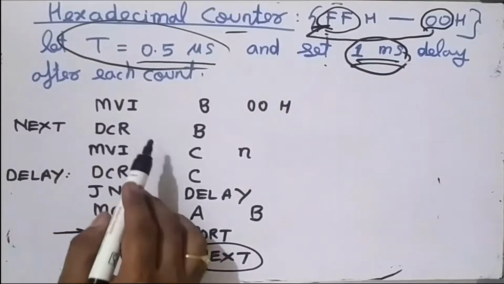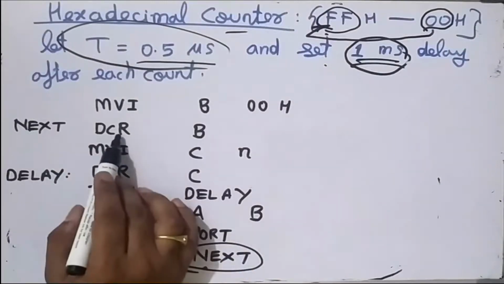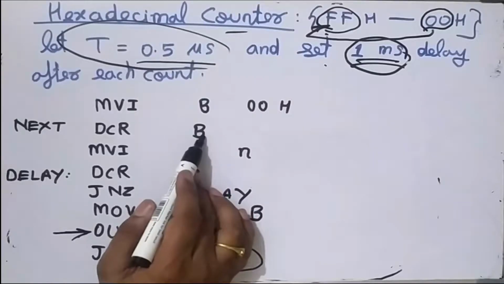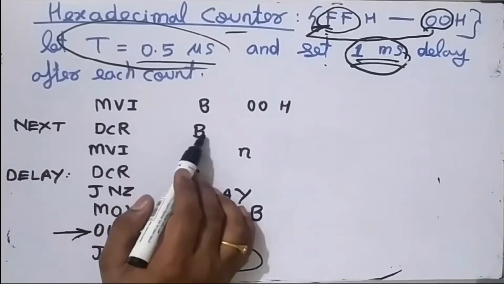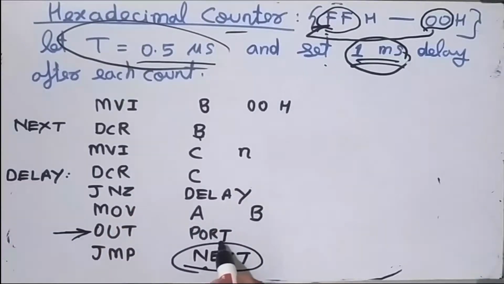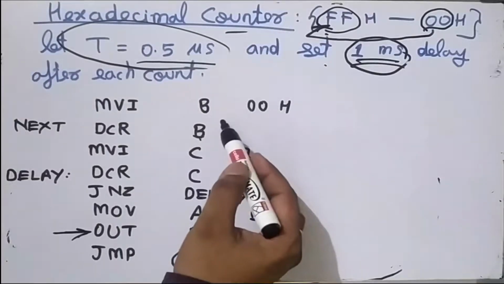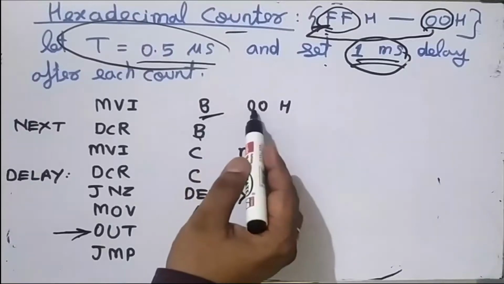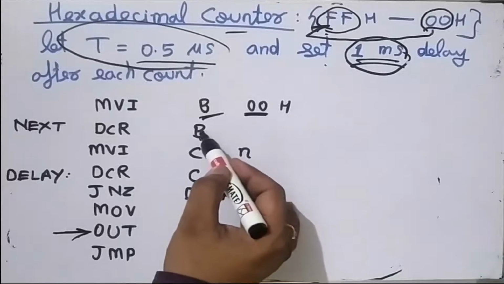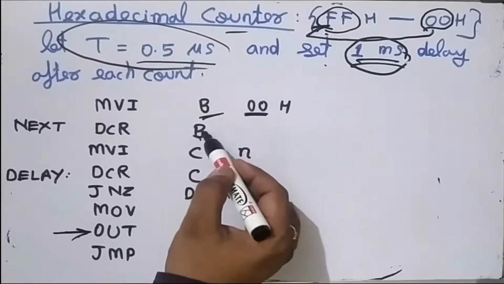This instruction will decrement the contained data of B by 1. Let us suppose that the port displays 00H, then after the decrement of B it will become FFH.